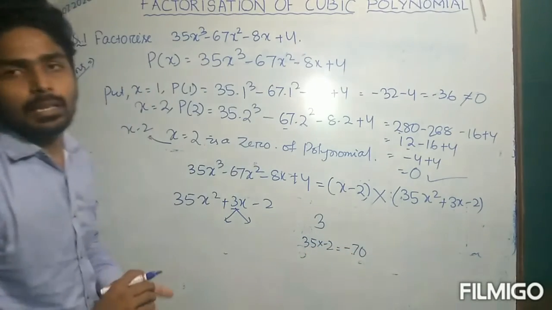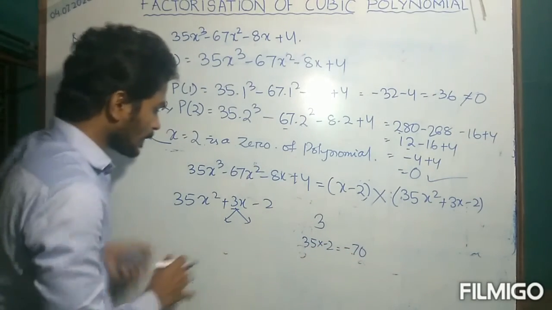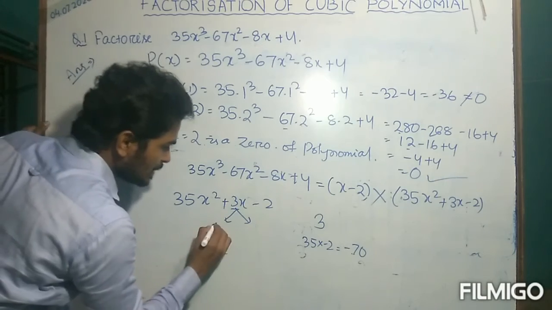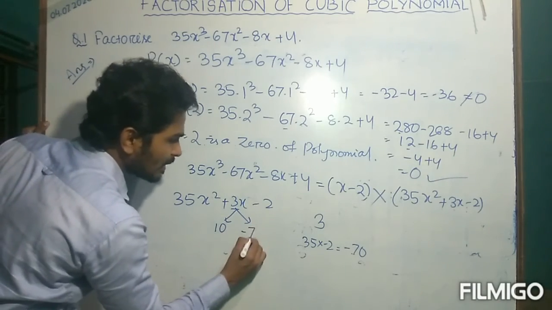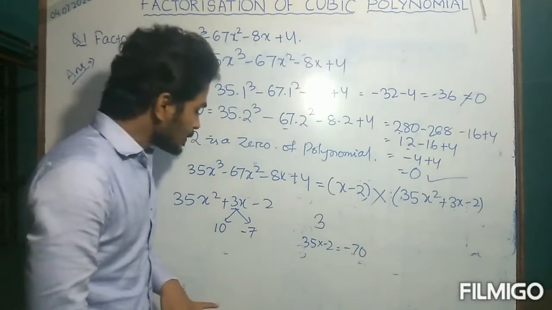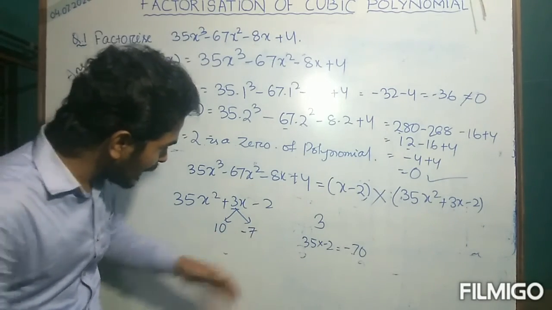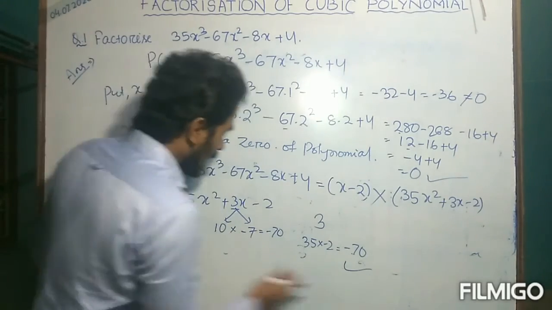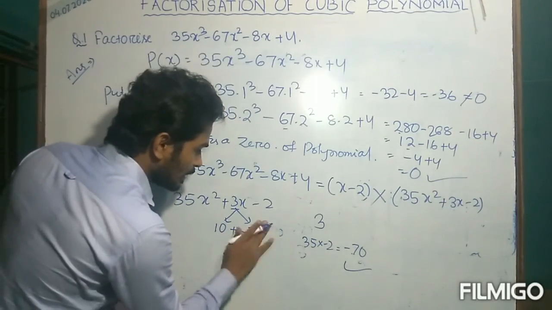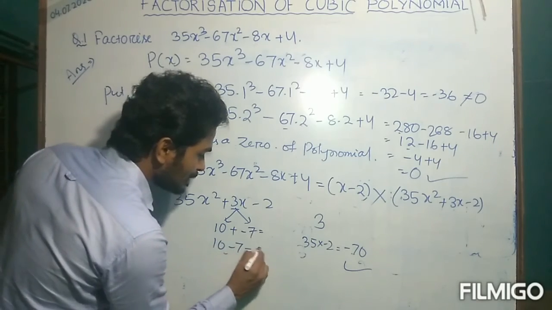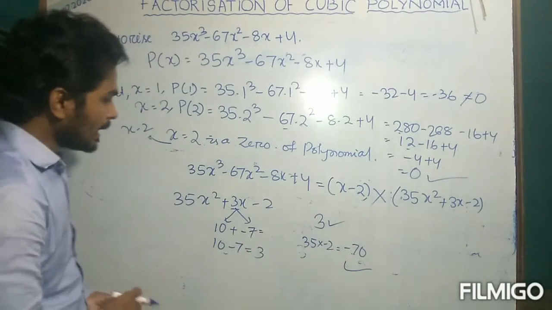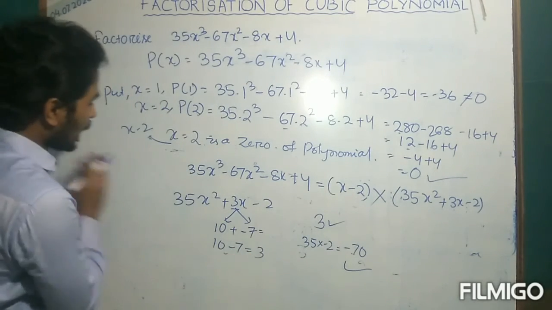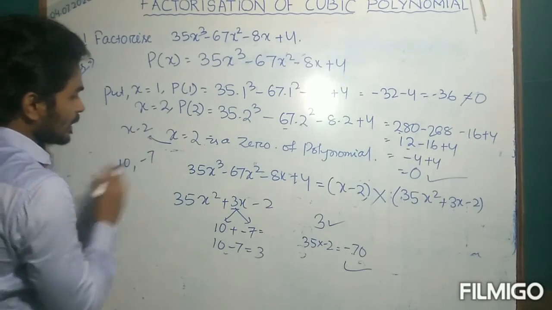Minus 70. So now 3 can be split into 10 and minus 7. Multiplying 10 into minus 7 gives minus 70, true. And adding 10 minus 7 gives 3, this is true. Hence 3 is split into two parts, one is 10 and another is minus 7.